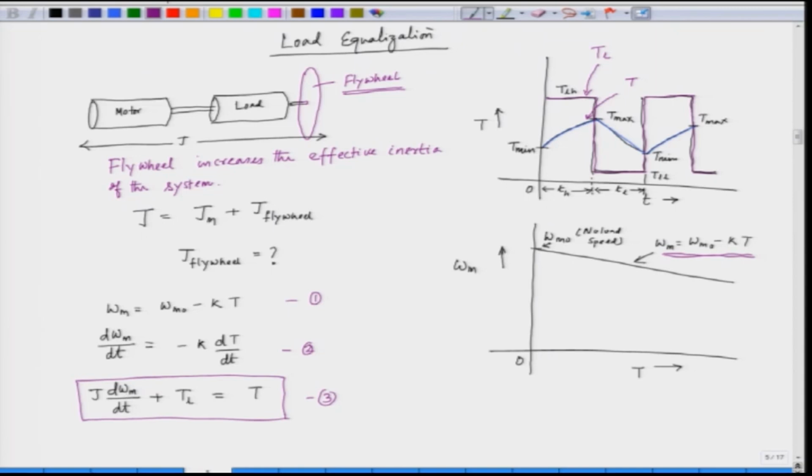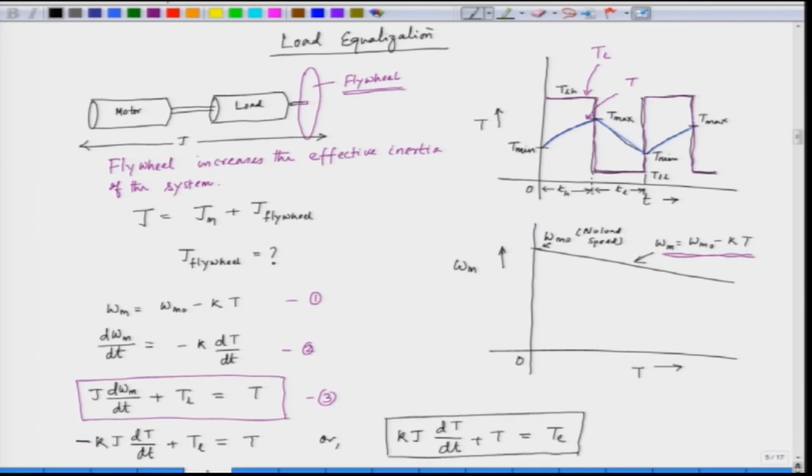So, what we get here is minus k J dT by dt plus T L equal to capital T, or we can write it in the following form: k J dT by dt plus T is equal to T L. So, finally, we get this equation, which is a first order differential equation in T, where T is the motor torque.